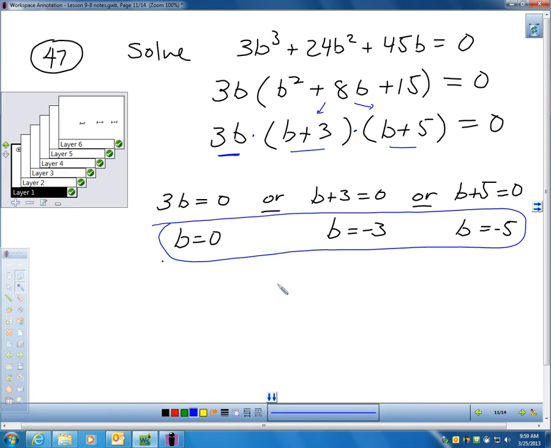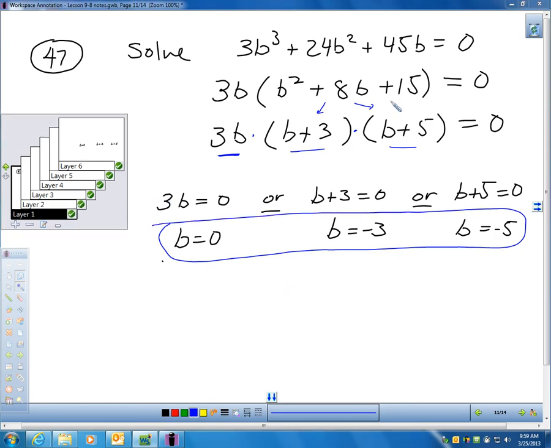Now this is something I should talk about real quick that's interesting. Look at the degree of this. It's third degree. Is this a coincidence, do you think? You got 3 responses. When we've worked with second degree equations, you've gotten 2 responses.